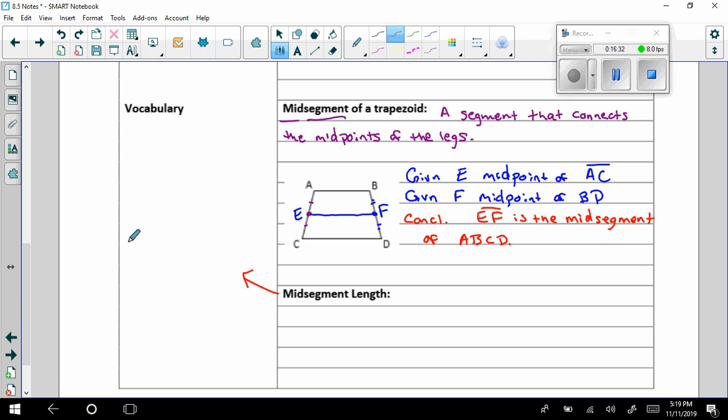So our midpoint formula was x1 plus x2 divided by 2. We found the middle of those lengths. y1 plus y2 divided by 2. So this was midpoint.